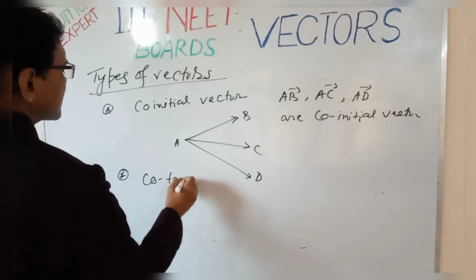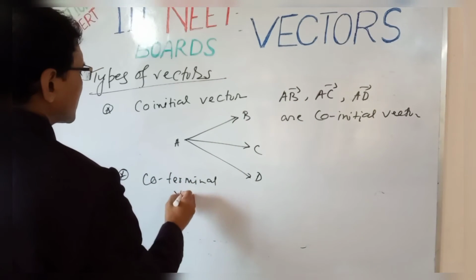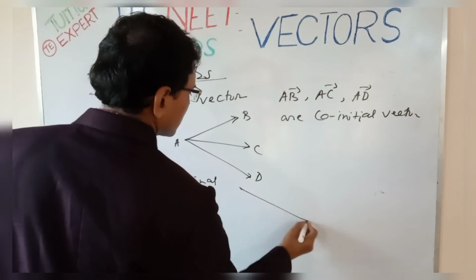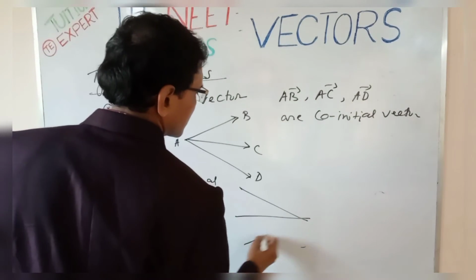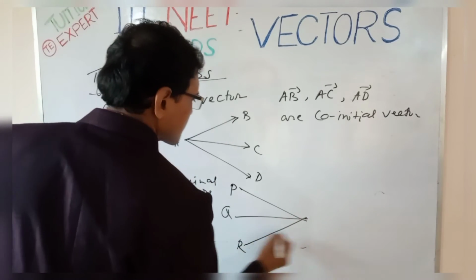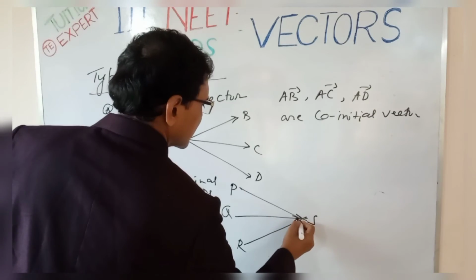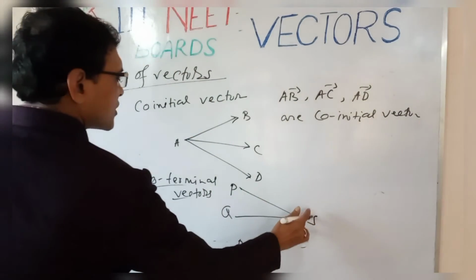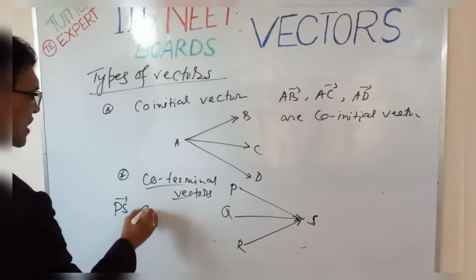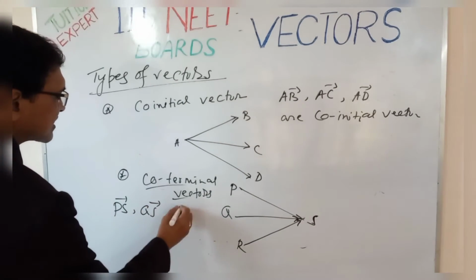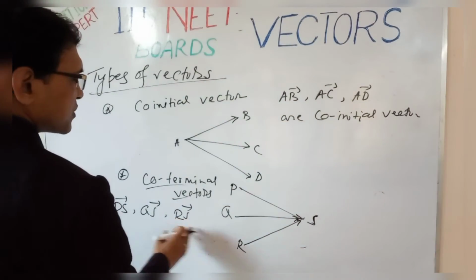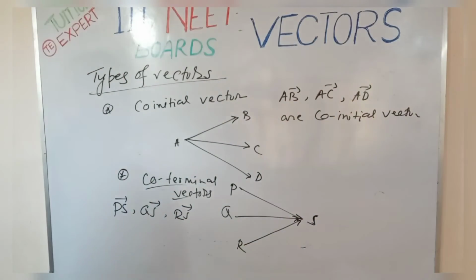Co-terminal vectors. The terminal point is the same. Suppose here the terminal point is the same, that is S. PS, QS, RS are co-terminal vectors because the terminal point of these vectors is the same.